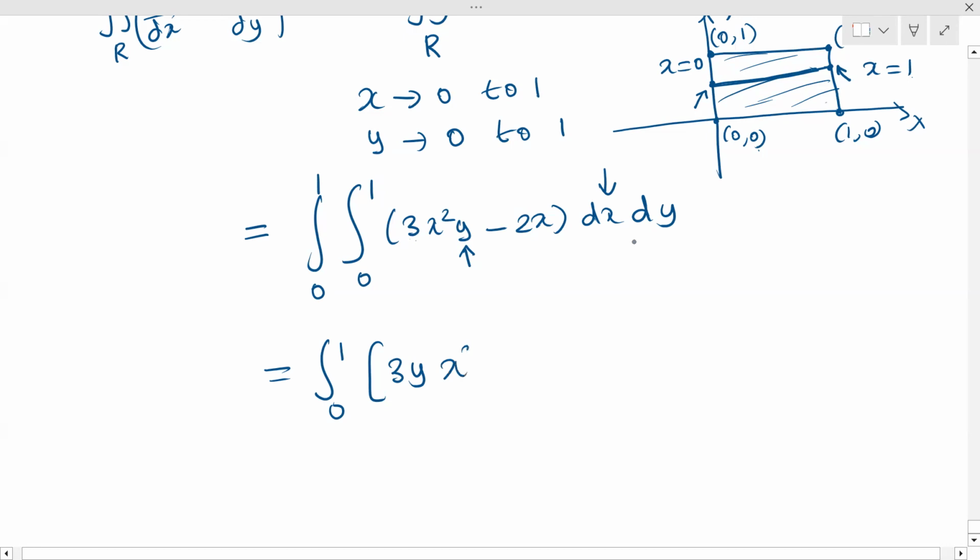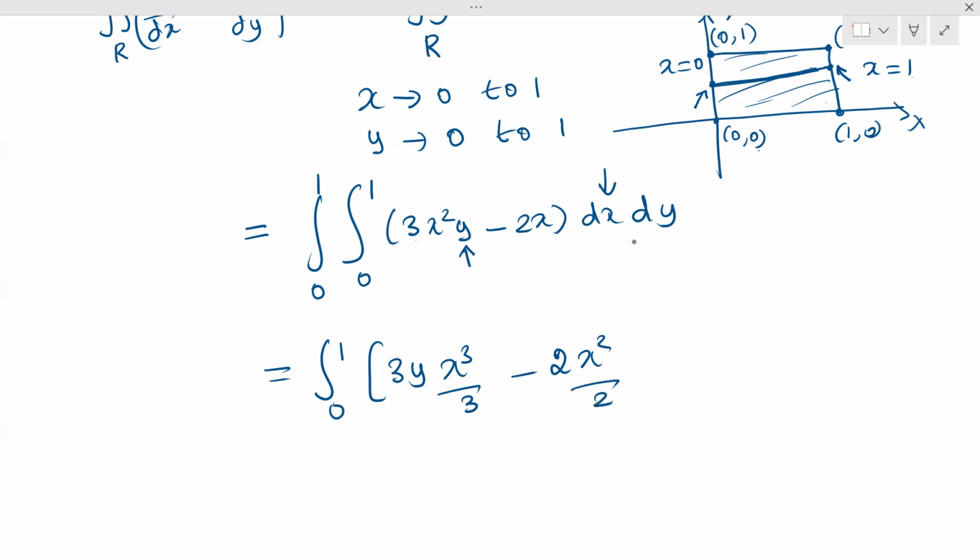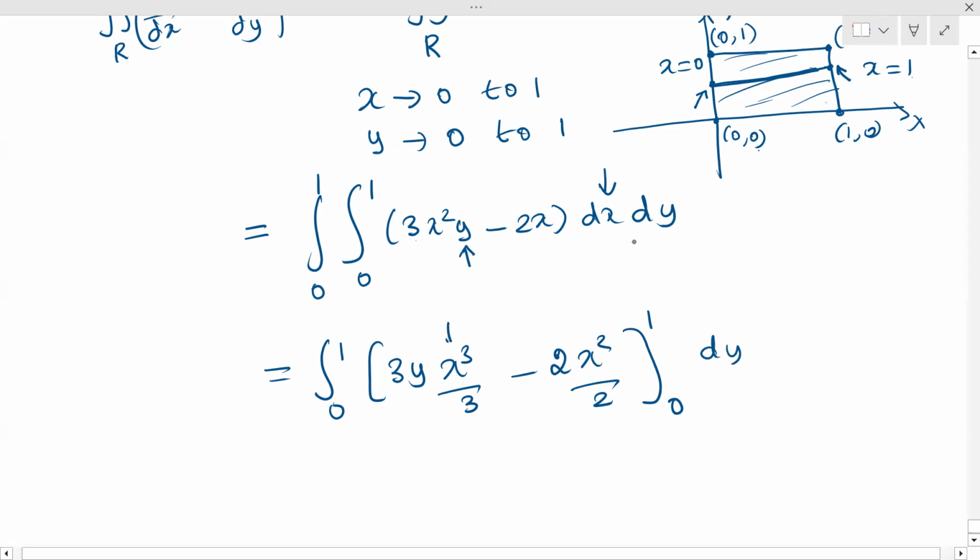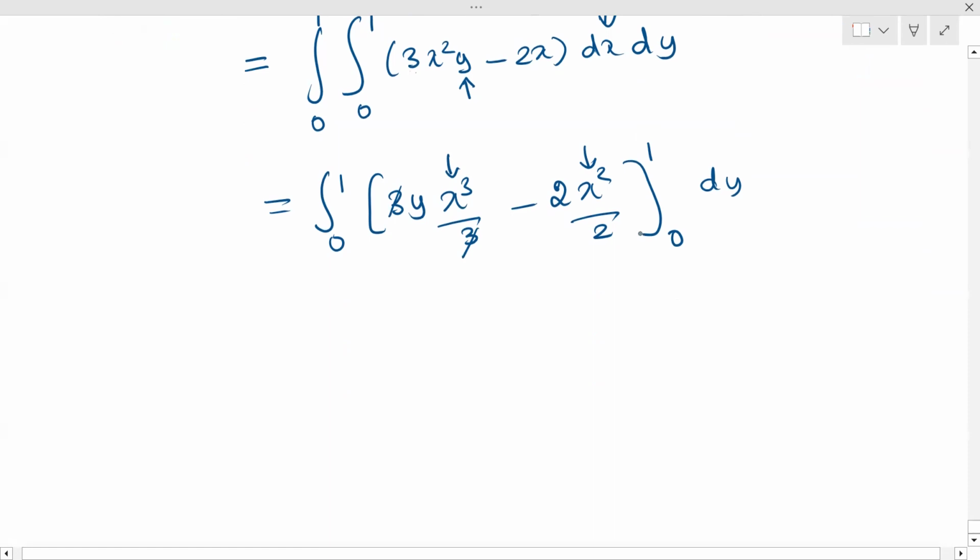X square integrates to x cube by 3, minus 2 times the integration of x, x square by 2, with the limit 0 to 1 dy. We have to apply the limits for x. So 3, 3 get cancelled, and here also 2, 2 get cancelled.